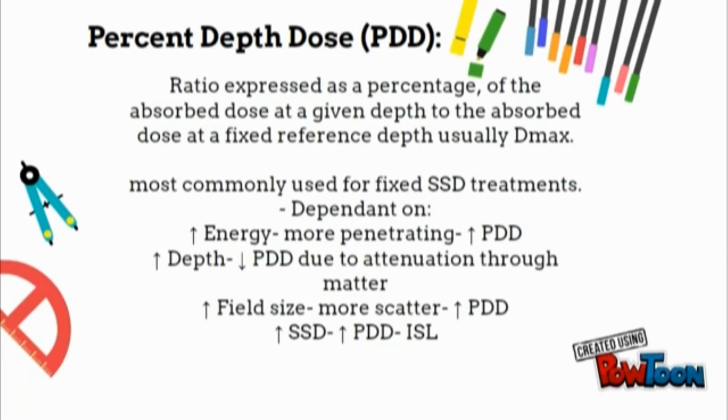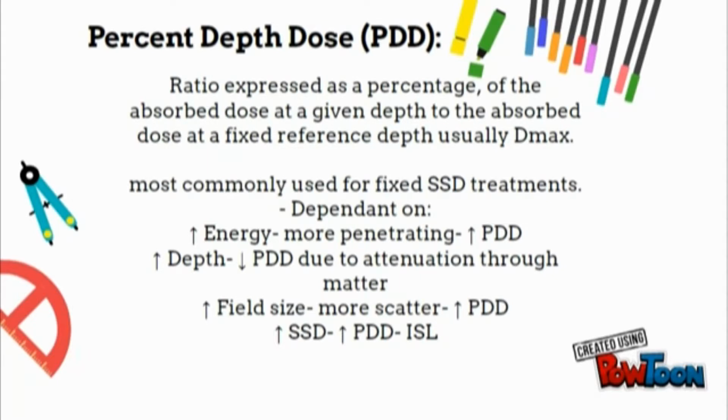PDD, percent depth dose, is the ratio, expressed as a percentage, of the absorbed dose at a given depth to the absorbed dose at a fixed reference depth, usually Dmax. It is most commonly used for fixed SSD treatments.